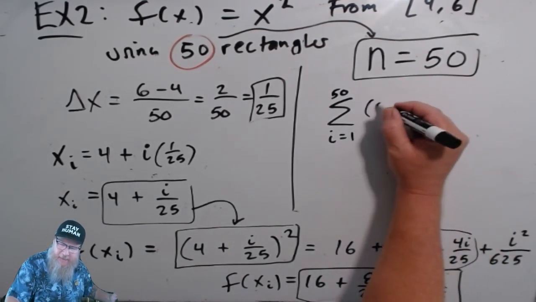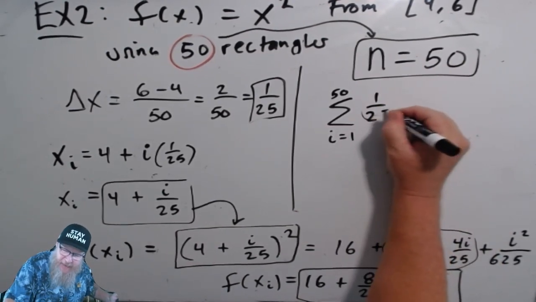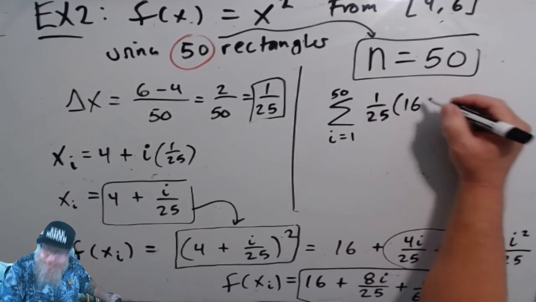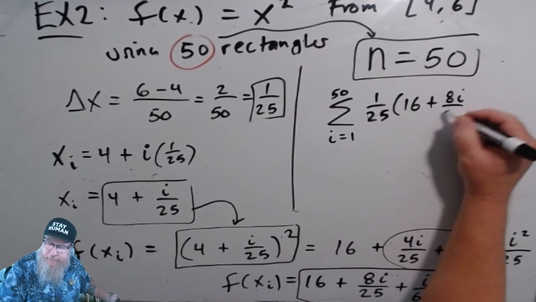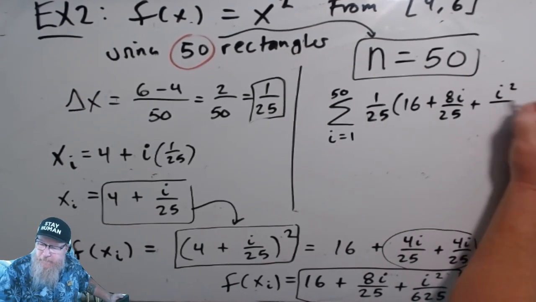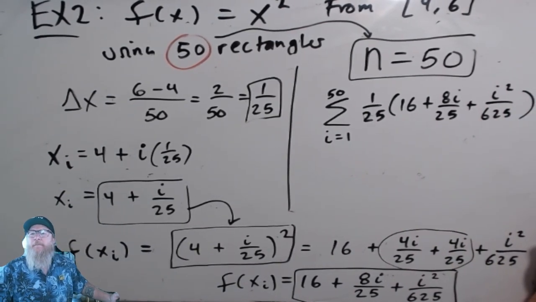I like to put the delta x first. Delta x, and then the f of xi. So there's your Riemann sum.